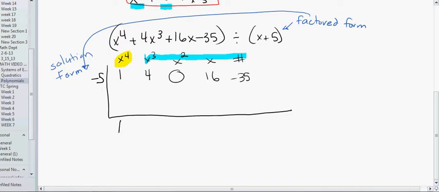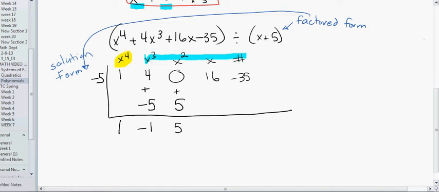Bring down the 1, multiply. 1 times -5 is -5. Add 4 plus -5 is -1. Repeat, multiply. -1 times -5 is +5. Add 0 plus 5, 5.